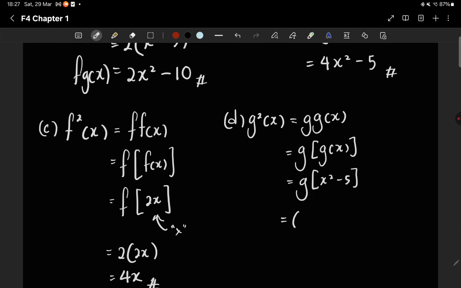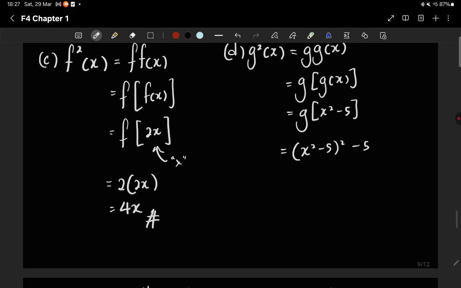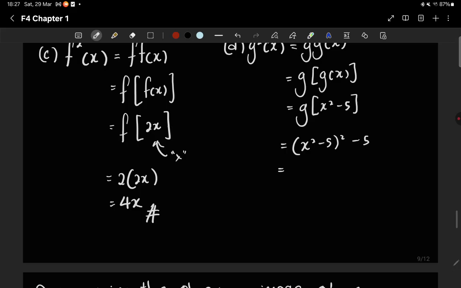And we have to sub it back in again. Okay, and I think we have to expand this, where if I were to expand this, we would get... yes, this would be our final answer.